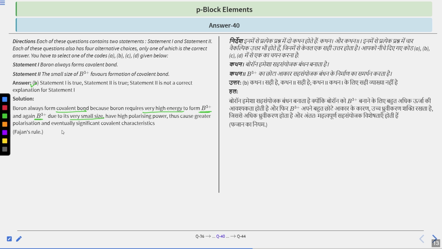This is Fajan's rule, and this clarifies statement 1 and statement 2 both, and thus option B is the correct answer.